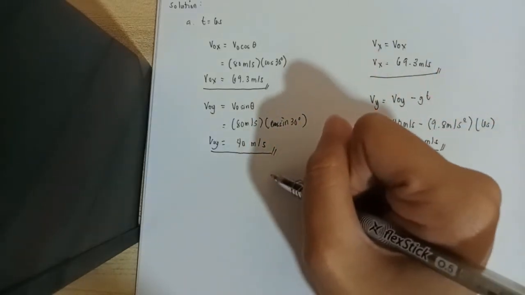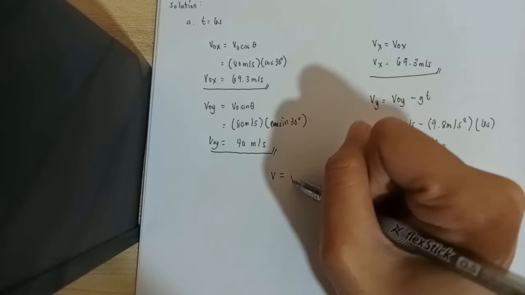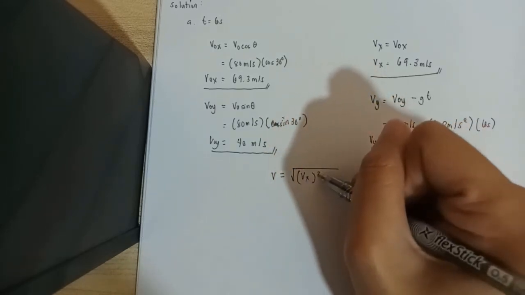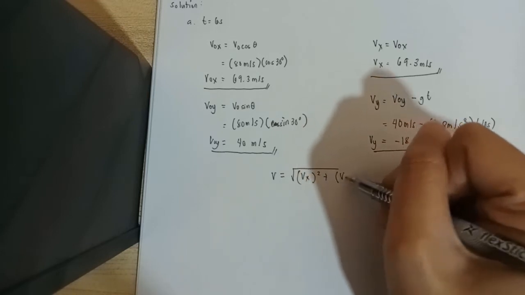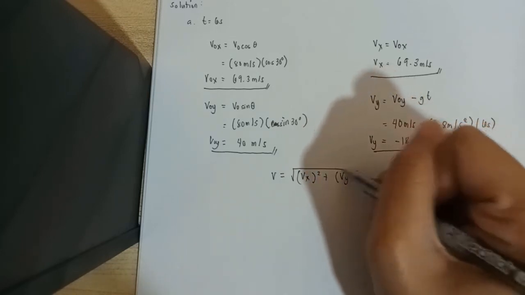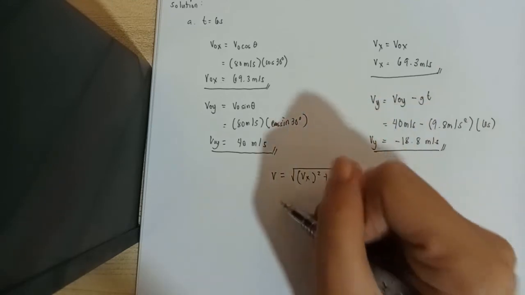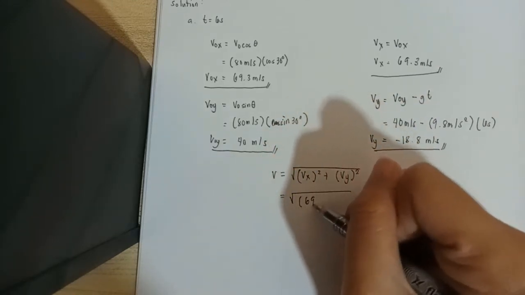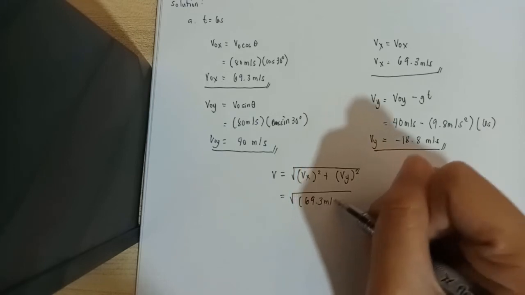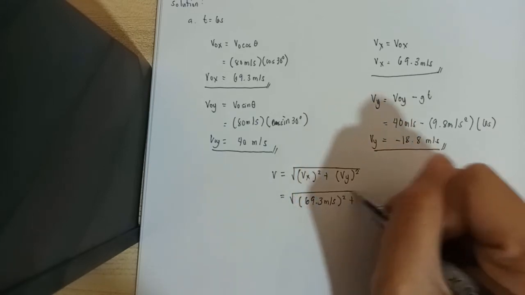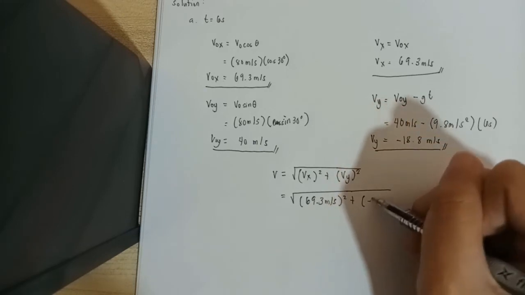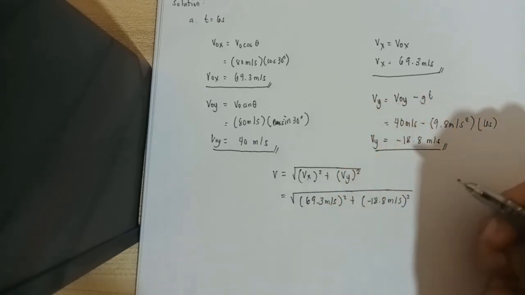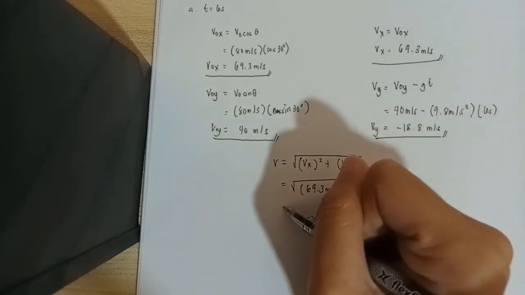So to find the velocity, we will use the formula V is equal to square root of Vx squared plus Vy squared. Substitution, we have square root of 69.3 meter per second squared plus negative 18.8 meter per second squared.